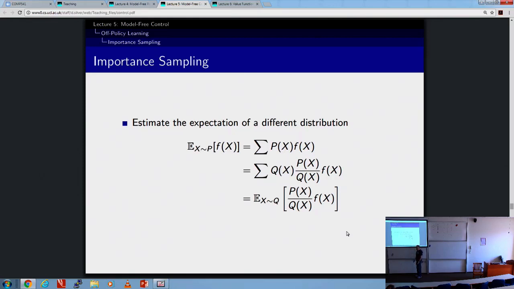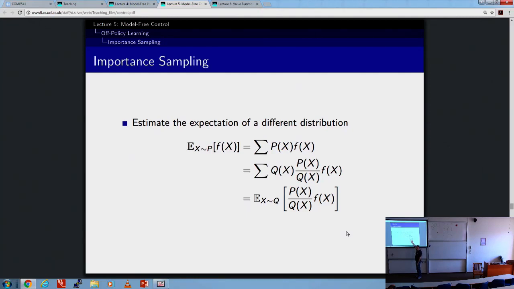Notice what this does. When p and q are equal, then you take f of x just like a regular sample. When p is higher than q, in other words, this is an x that your desired distribution would have produced more of, but since you're stuck with the q generator, you actually see less of, p over q is bigger than 1, so you weigh this sample with a number larger than 1, and vice versa.